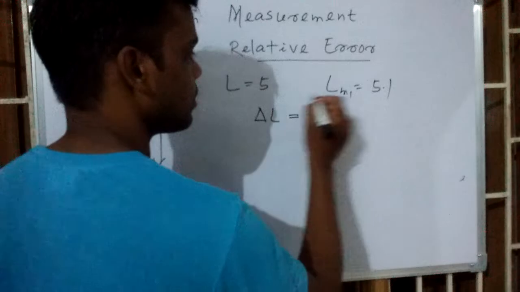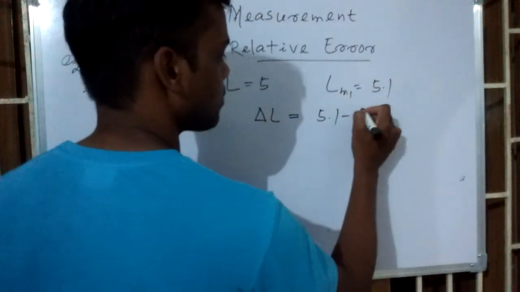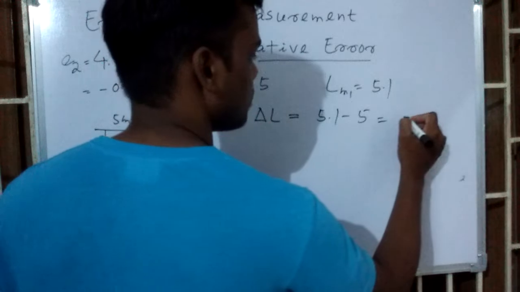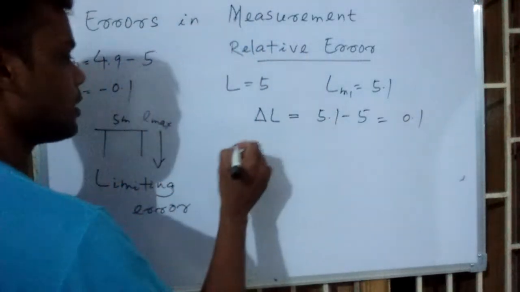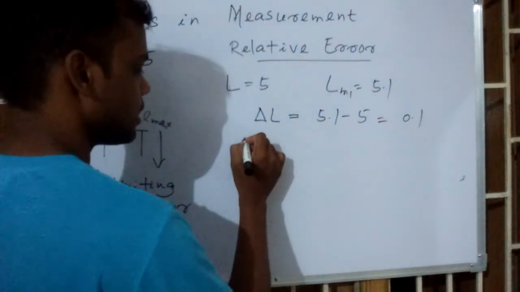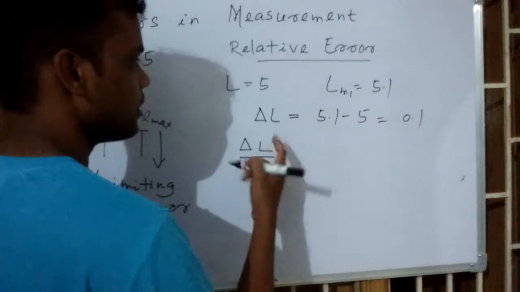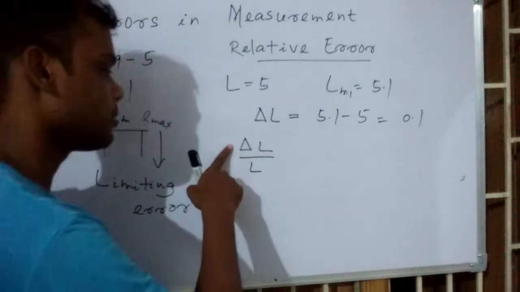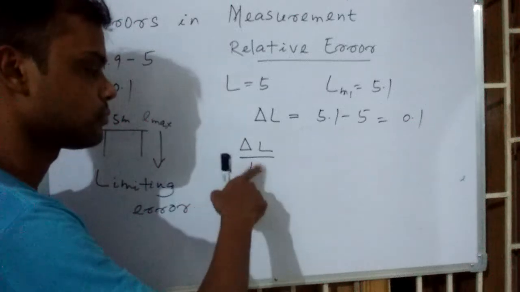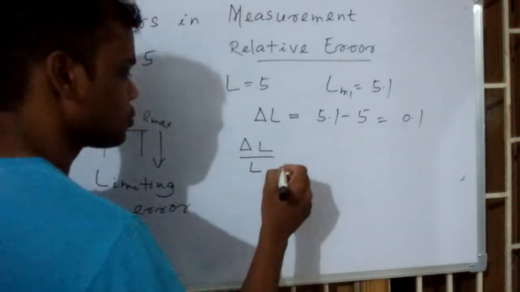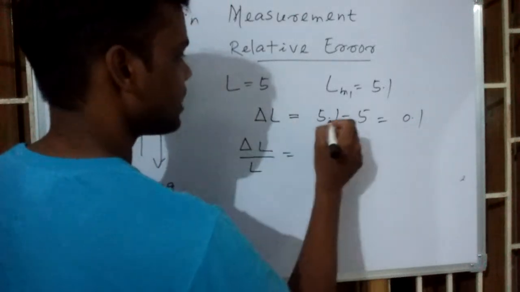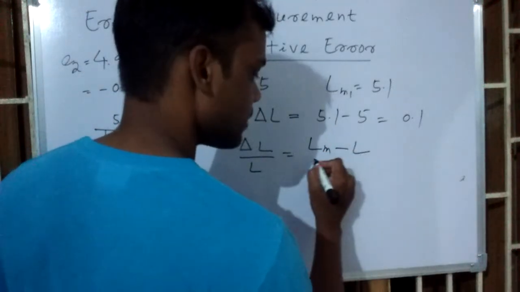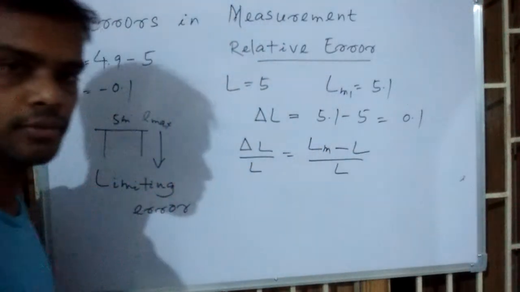Del L is equal to 5.1 minus 5, which is 0.1. Now relative error is nothing but del L by the actual value L. Very simple. The ratio of absolute error to the actual value. Del L is measured value minus actual value, divided by actual value.